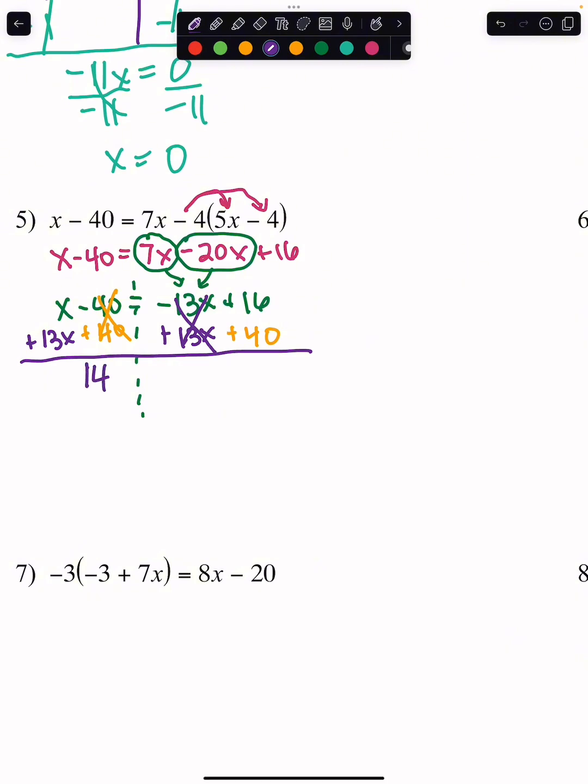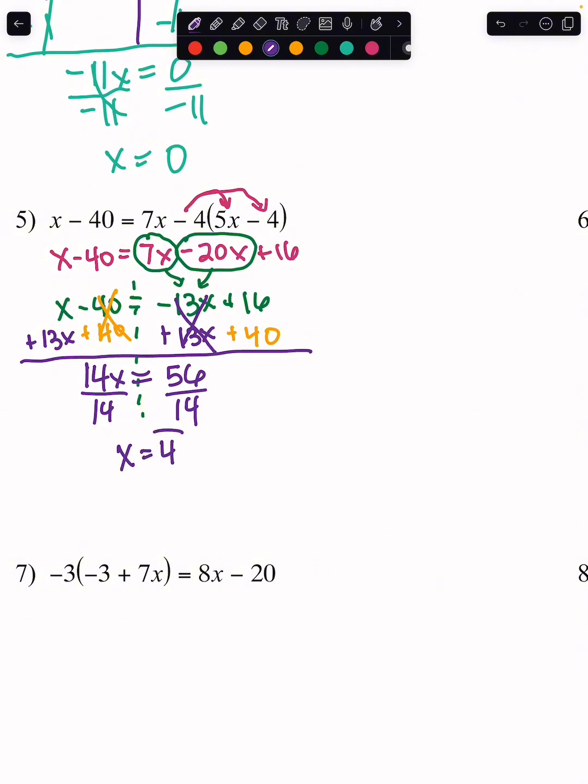And then 40 plus 16 is 56. Okay? Now I have a one-step equation, and I got to do 56 divided by 14. And 56 divided by 14 happens to be 4. So x is going to be 4 right here.